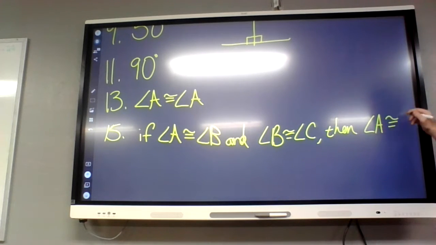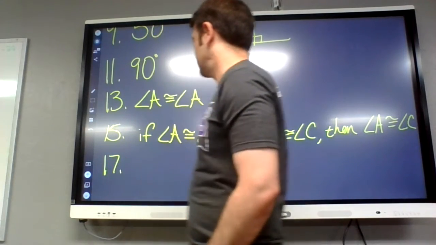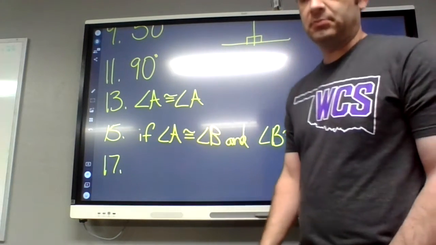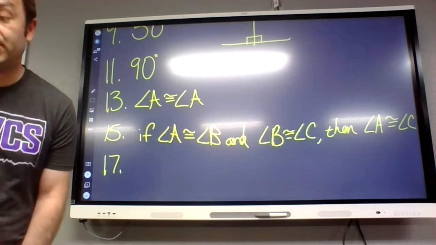Angle A is congruent to angle C. So we kind of just replaced A, B, and C with angle A, angle B, and angle C.